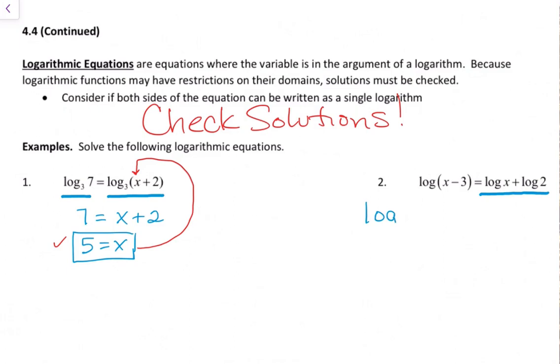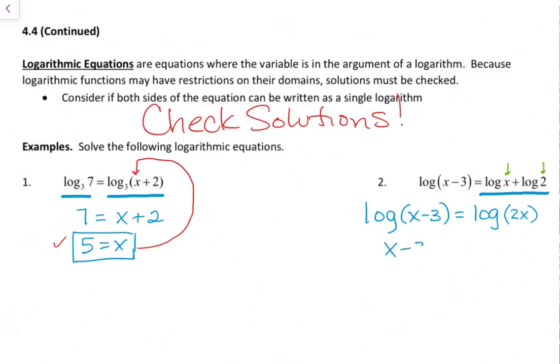So I'm going to have the log of x minus 3 on the left, and on the right-hand side I'm going to go ahead and add those 2 logarithms together. And remember, to do that, the property says you take the 2 arguments and multiply them together. So the new argument on the right is going to be 2x. So now I have a log equaling a log of the same base. The base is 10. So I can go ahead and set the arguments equal to each other.